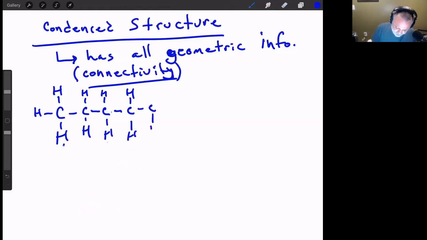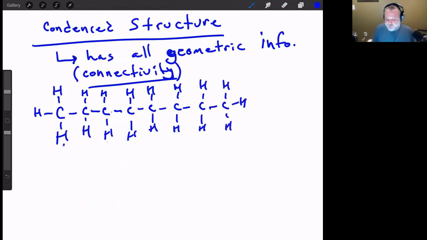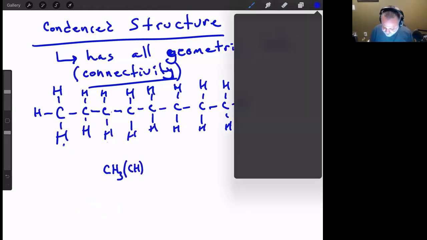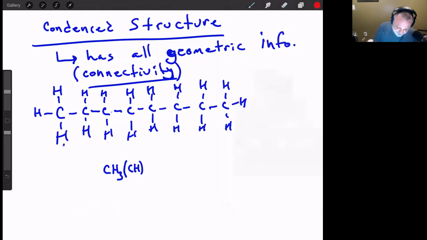All right, so let's take something and make it fairly long. Let's take CH2, CH2, CH2, and now let's put a CH3 at the end. What we might end up doing with this structure is saying, I've got a CH3, it's connected to some CH2 groups, and how many CH2 groups is it connected to? 1, 2, 3, 4, 5, 6.